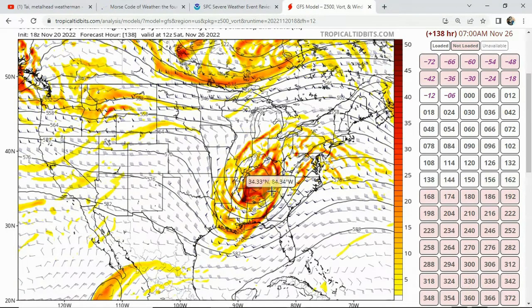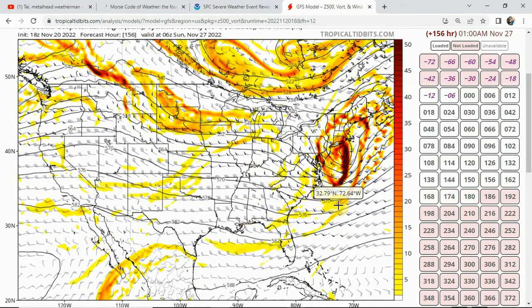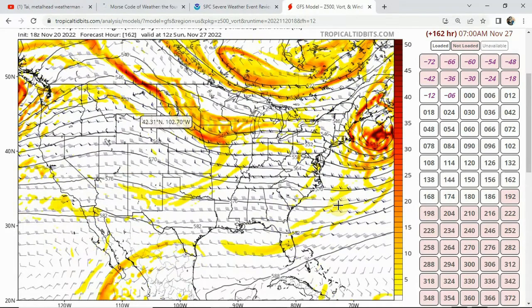And this also may get some snow on the backside of it, along with the inclement weather coming in on the 26th here. So this looks like it could become a big northeastern type of system where we could get some big time snow totals over here towards the Delmarva region and the northeast.